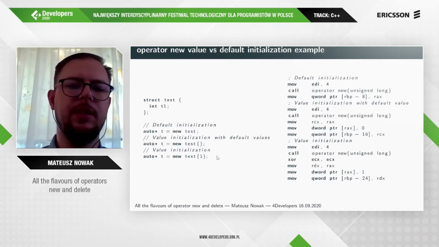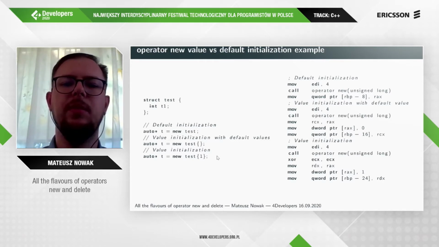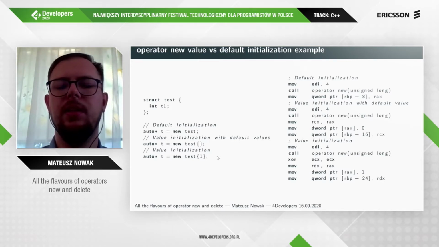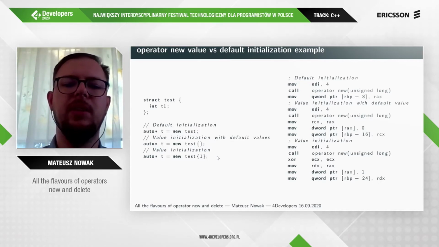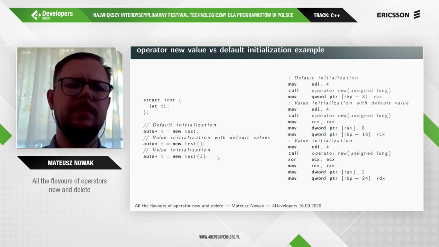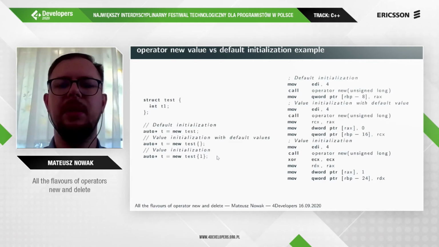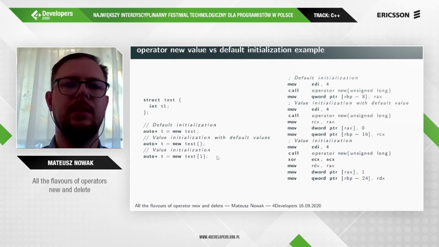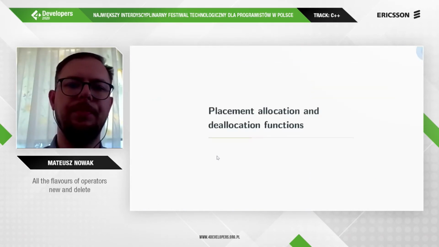And for value initialization with a given value, it is the same as for the default value. However, in this case, if you look at the second to last line of the assembly code, we have this value of 1 put into the memory instead of the default 0. And this will matter also further in some standard constructs that I will show you.